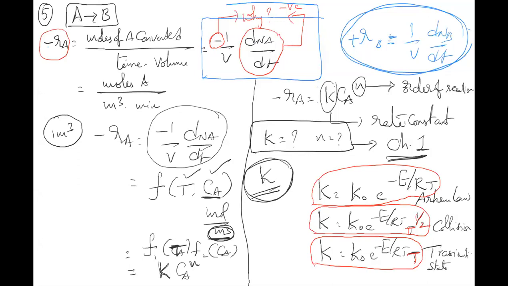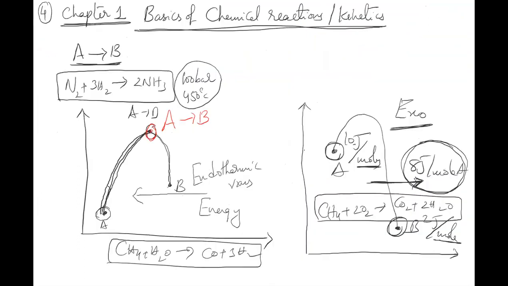So you got two new terms here. What are the two new terms? K naught and E. K naught is the pre-exponential factor, which is constant for the reaction. What is E? This is an important term, which you call activation energy. If you go back to the previous board, this is how you define it.